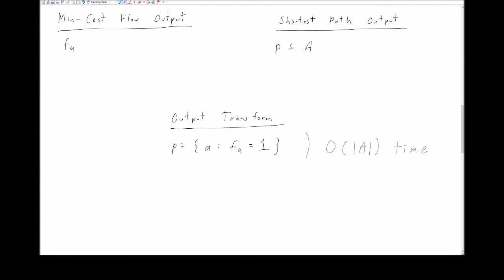The second part of the reduction that we're going to be interested in is reducing or transforming the output of our flow problem into an output for the shortest path problem. In the min-cost flow problem, our output is a set of flows on all of the arcs. For the shortest path problem, our output is actually a path, which we're going to consider as a set of arcs in our graph.